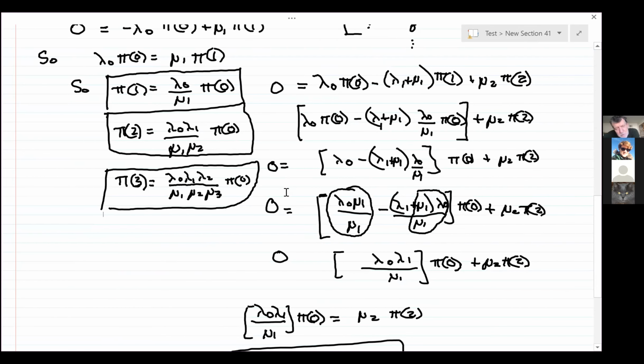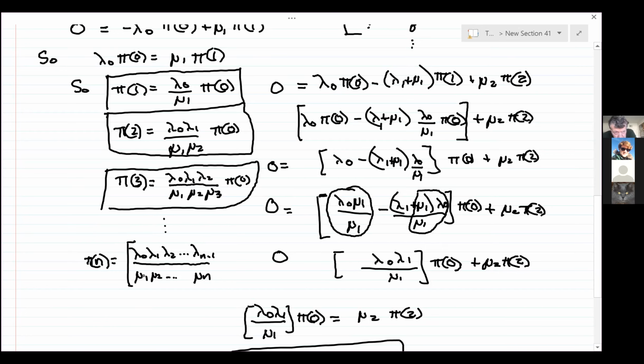So let's go the whole way. What do you think pi n looks like? If the pattern persists, it should be lambda 0, lambda 1, lambda 2, all the way up to lambda n minus 1. And on the bottom, it should be mu1, mu2, all the way up to mu n.